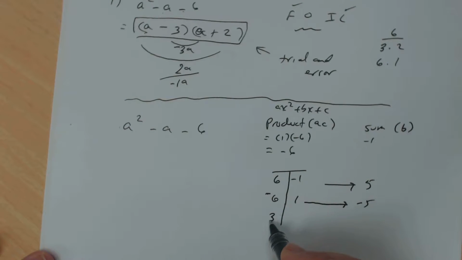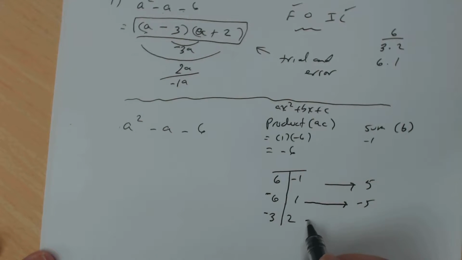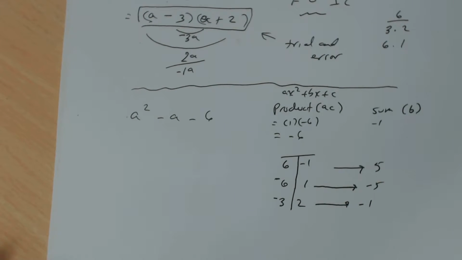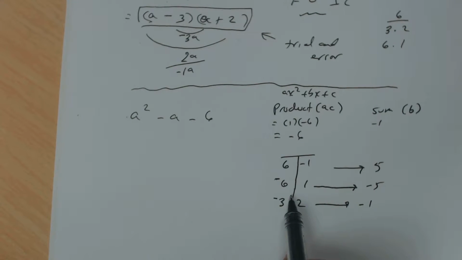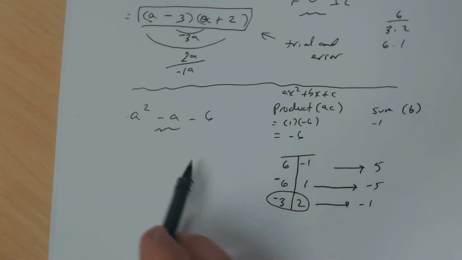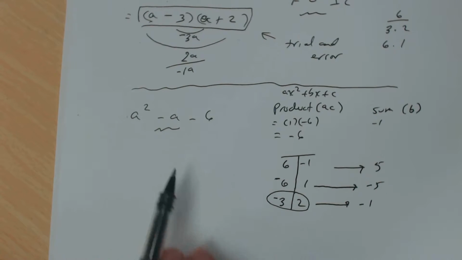So if I try 3 and 2, the larger of these has to be this middle sign, so I'm going to have to make it negative, and when I add them up, I do get negative 1. So using the AC method and factoring by grouping, I can rewrite this middle term right here using these two numbers. And again, remember, it did not matter in what order you put them.